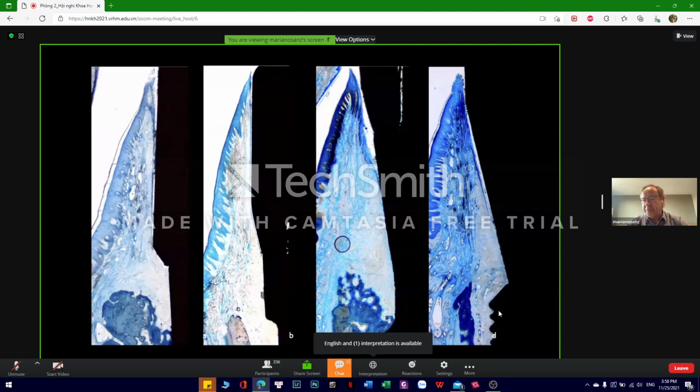Some have a wide connective tissue core, some have a very thin connective tissue core, some have a wide band of keratinized tissue, others have a very narrow band of keratinized tissue. And these qualities of the soft tissue seal are going to influence heavily the long-term outcome and maintenance of peri-implant health.